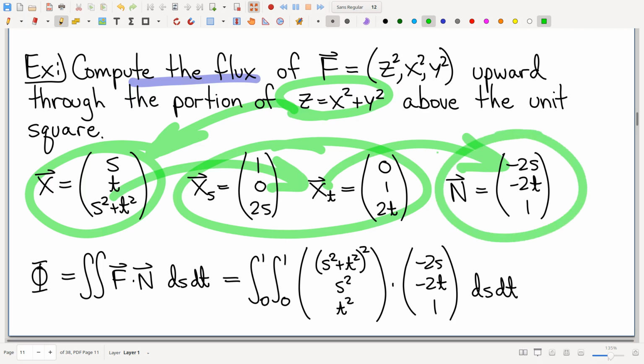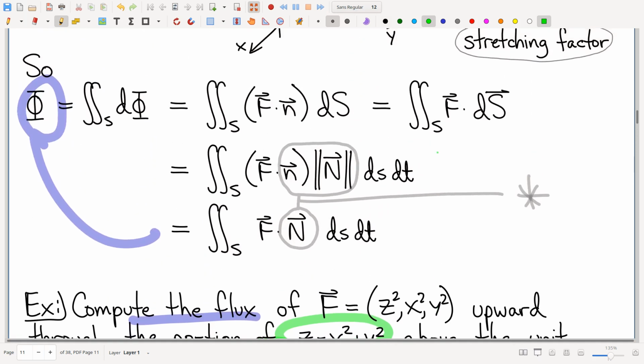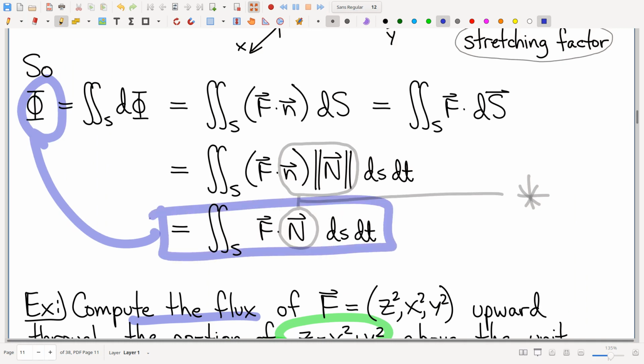Right now, if this were a scalar surface integral, we would have to compute the magnitude. But notice, very conveniently here, nowhere in this formula that we're about to plug into does it explicitly require having the magnitude of capital N. It's not there. I mean, it's hidden inside of our actual capital N vector, but I don't need to know that magnitude explicitly, so I don't need to compute the magnitude.